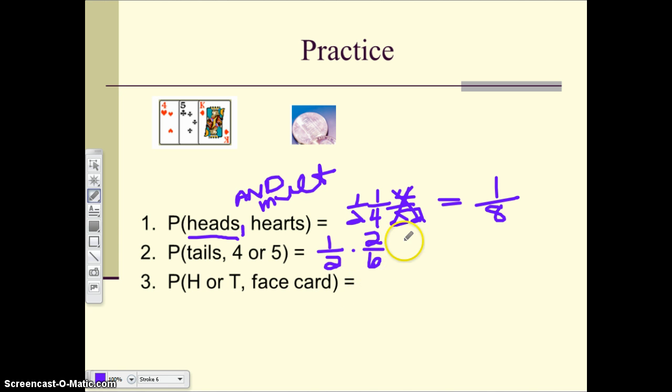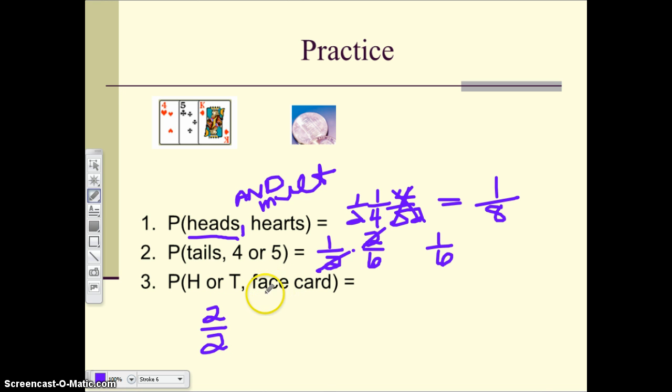We can multiply across, or we could simplify first. 2 divided by 2, that gives us a 1 in 6 chance of having a tails and a 4 or a 5. All right, what's the probability of getting a heads or a tail? 2 out of 2.